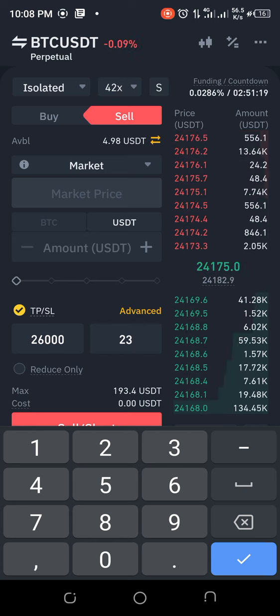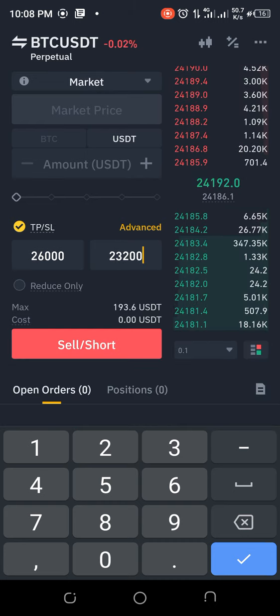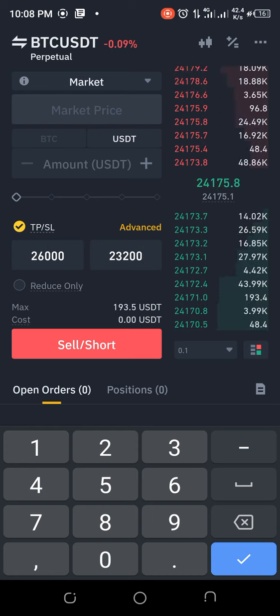Then you will set 23,200. So when you enter this trade, I'm not going to enter this trade because this is a tutorial. I don't want to lose money. So when you enter this trade, you will be logged in at the current market price, which is 24,178.